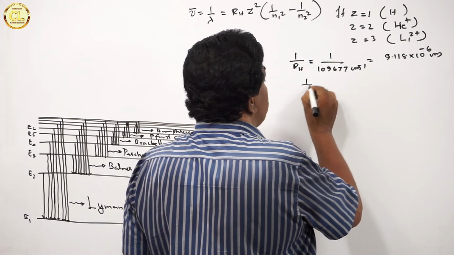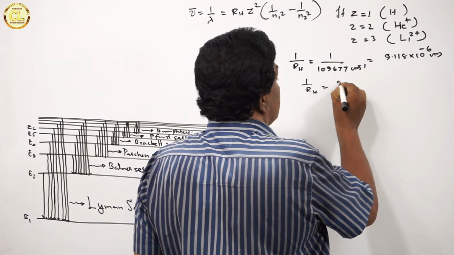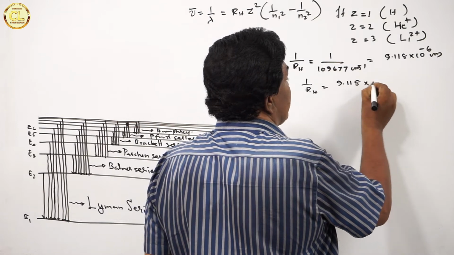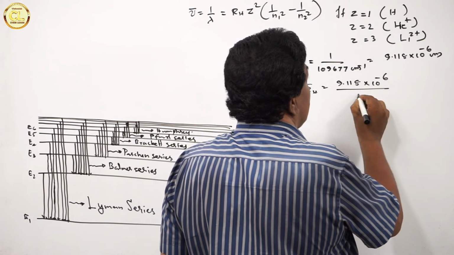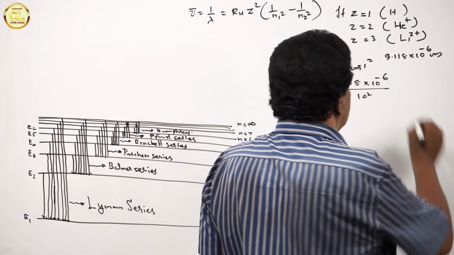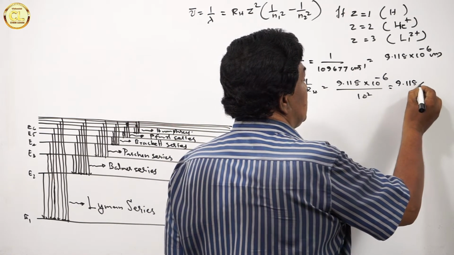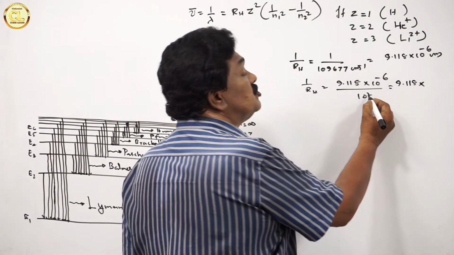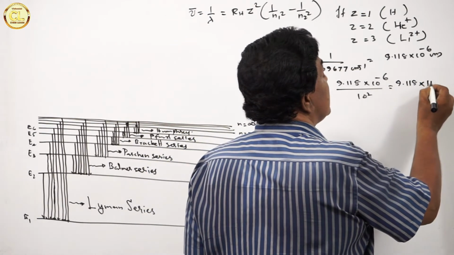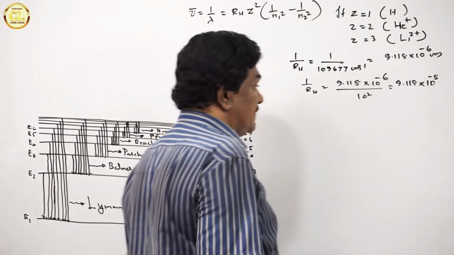That is, 1 by RH is equal to 9.118 into 10 raised to minus 6 divided by 10 square. That's equal to 9.118 into, see, 10 raised to 2 becomes 10 raised to minus 2, so 10 raised to minus 8.